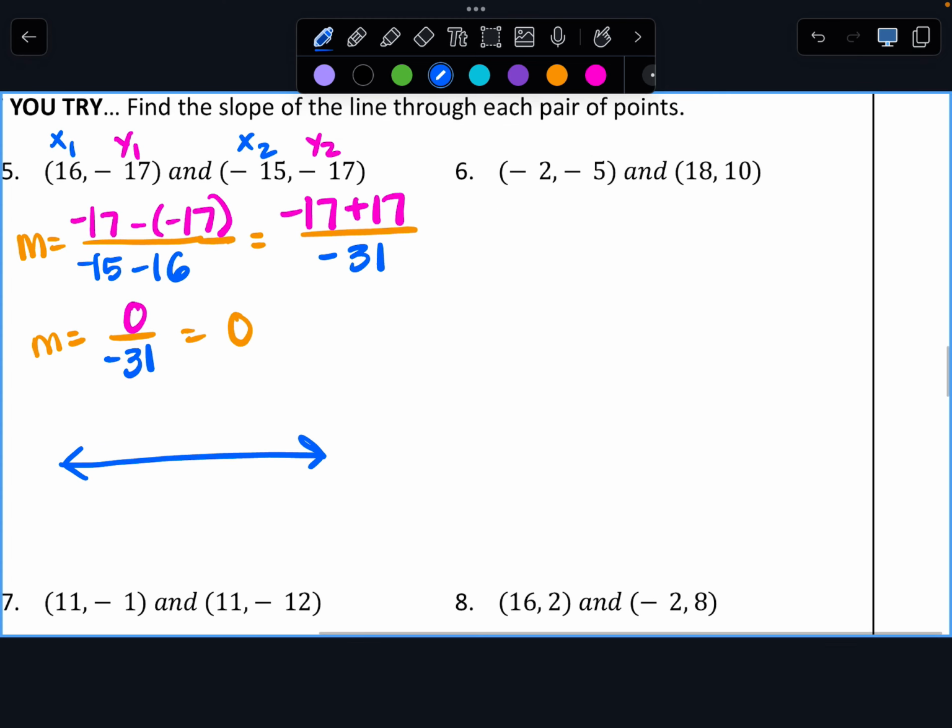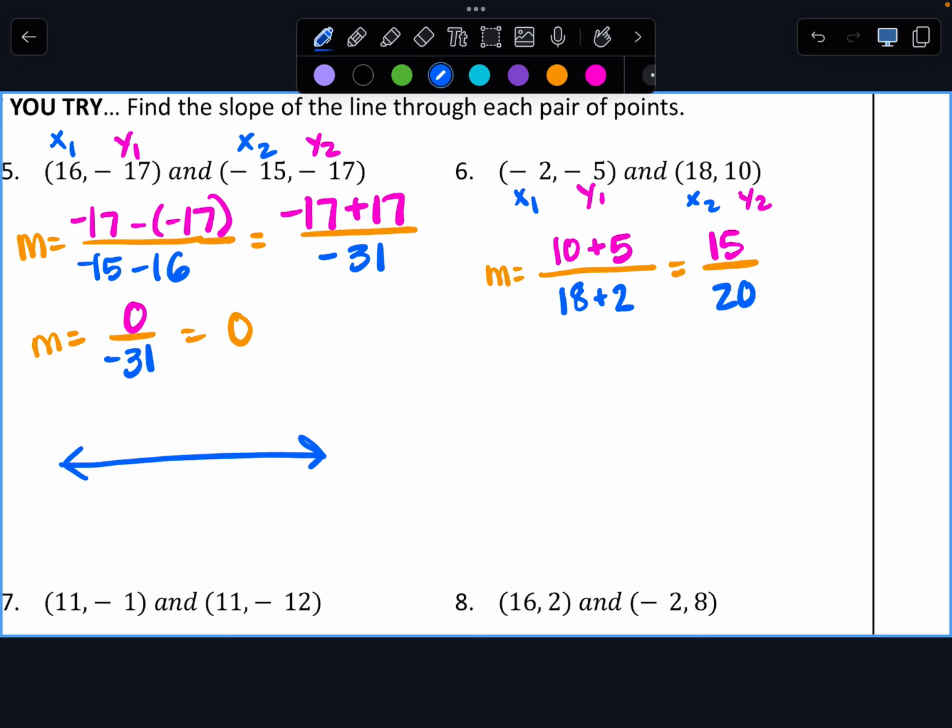Number 6, hopefully you've already done this on your own, and you're just checking your answers. 10 plus 5 because it's minus a negative, and 18 plus 2 because again it's minus a negative. So that would be 15 over 20, which simplifies to 3 over 4.